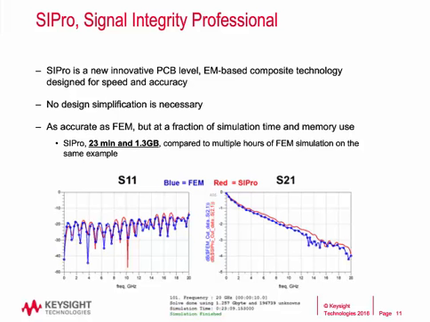So far, we compared SIPro against FEM. In the next couple of slides, we'll compare SIPro results to the measured data. The board shown is the Xilinx memory characterization board that has 28 layers stacked up on FR4, and the measurement was performed at GigaTest Laboratory.